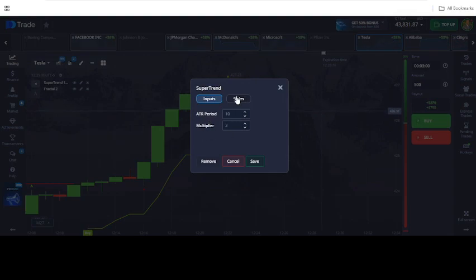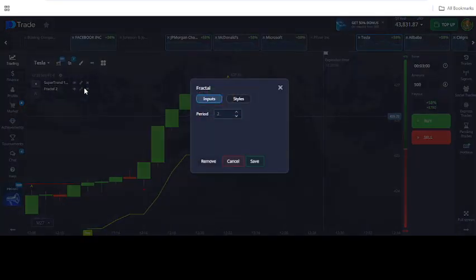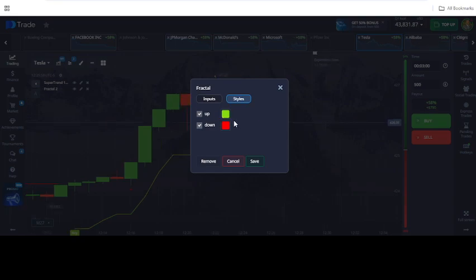In the style settings, I've increased the line width to 2 pixels. For the fractal, we're also going to maintain the default setting, which is period 2. In the style settings, I have the up line set to green and the down set to red.